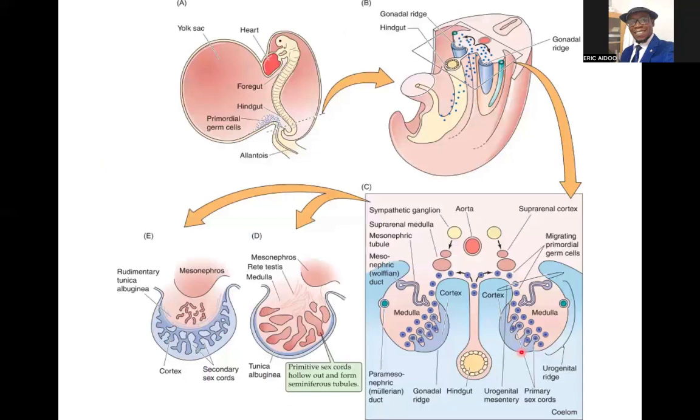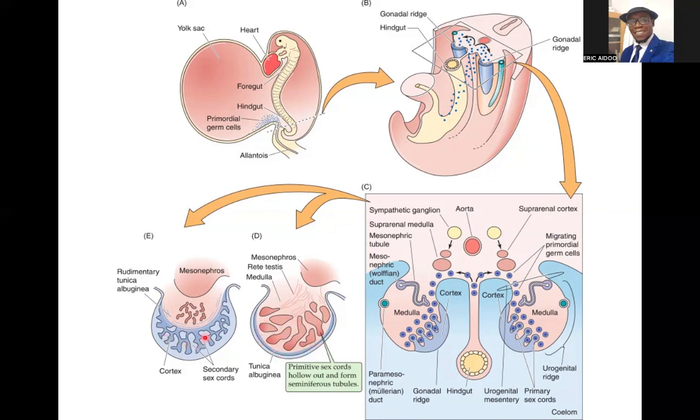So note that difference. So this is what we are talking about at this point, where you have the gonadal ridge, the epithelium of it extending inward, and you can see primordial germ cells. Some of them have been incorporated into the primitive sex cords already, and then in the males it will canalize and continue its differentiation at the medullary region, while the cortical regions are going to degenerate.